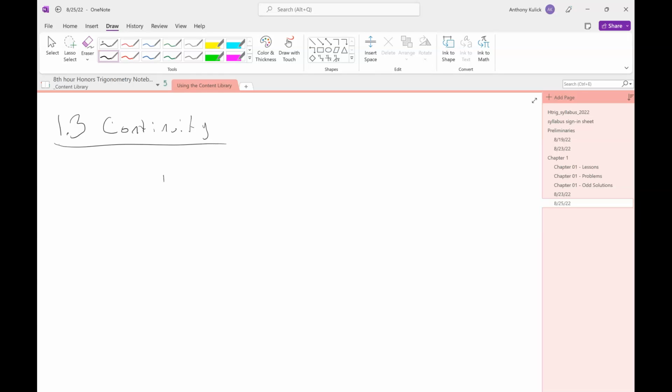Well, I would say not necessarily, because if I looked at a simple rational function, it has a vertical and horizontal asymptote. So this goes on to infinity, but it's not continuous. Yes, sir?